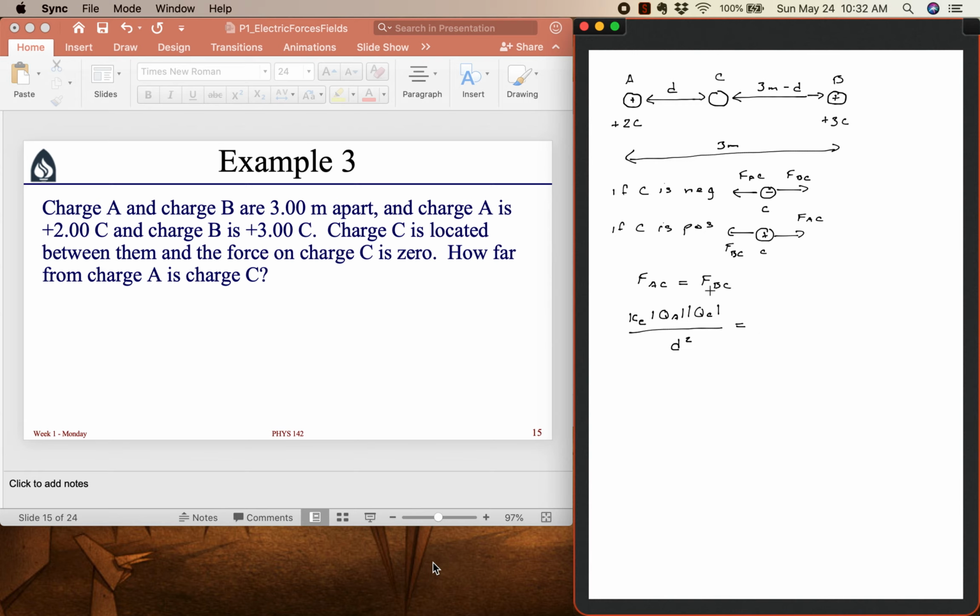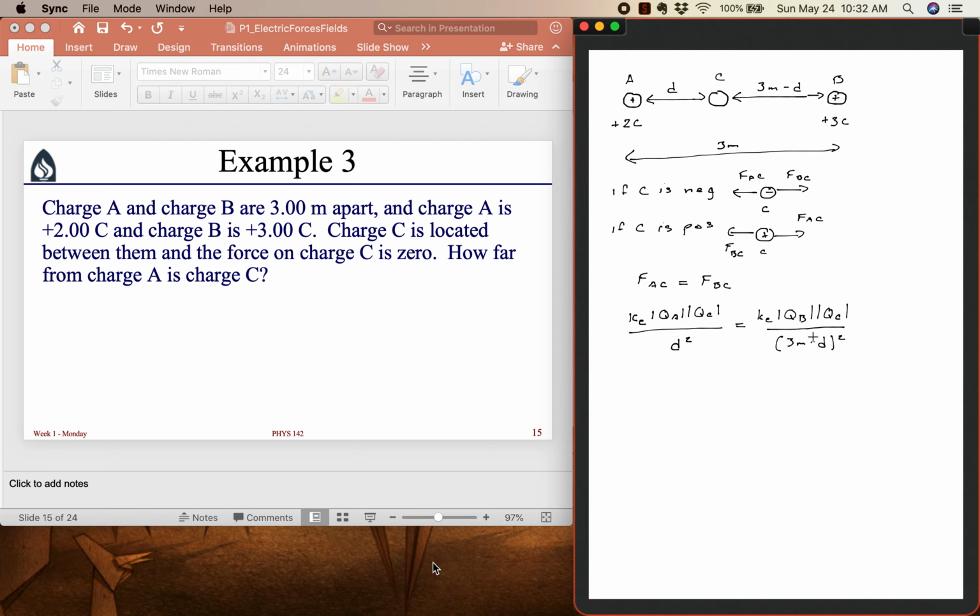And that's going to be equal to Coulomb's constant times the amount of charge on B times the amount of charge on C, all divided by the distance, which is 3 meters minus D, and that also gets squared.